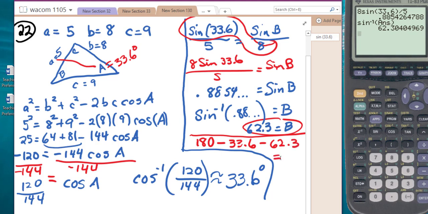That should be the third one. Enter, 84.1 degrees.